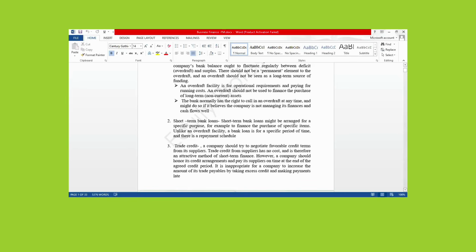When you make sales, you pay back your supplier. So trade credit can be used as a source of short-term finance, and there's no cost attached to it.